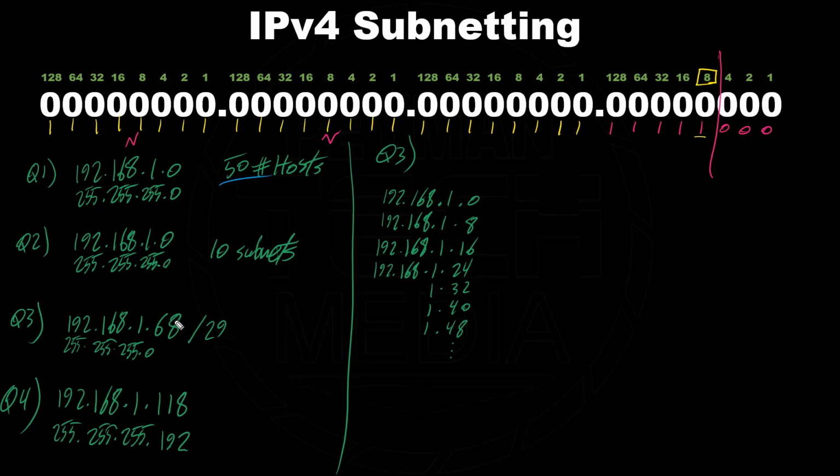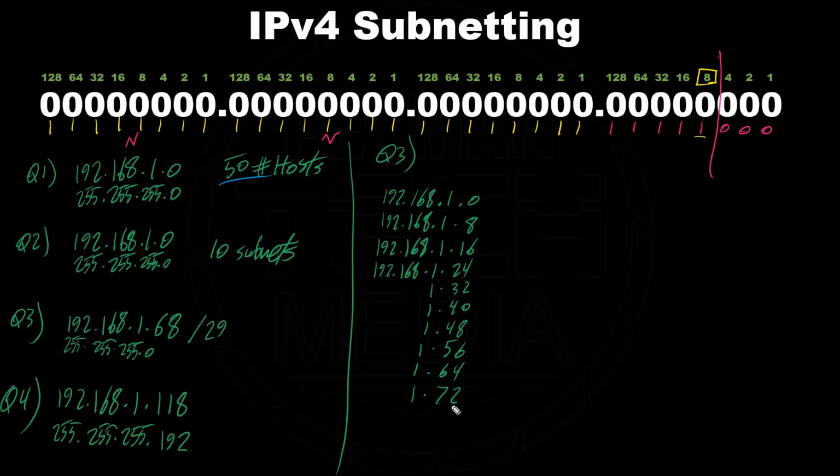We know 68 is not between 8 and 16. It's not between 16 and 24. You see? So it's not between 32 and 40. So let's continue incrementing. 48 plus 8, 1.56. 56 plus 8, 1.64. 64 plus 8, 1.72.